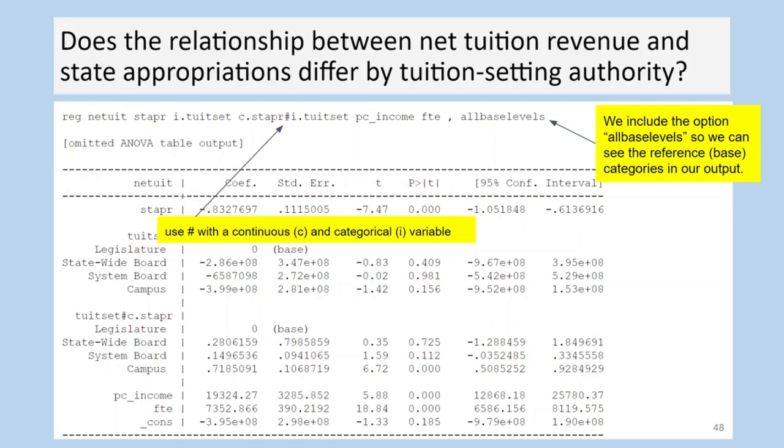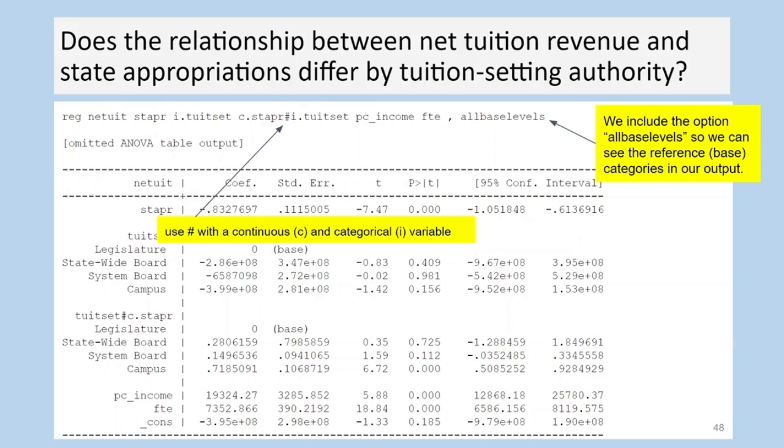For this example, where the tuition setting authority is the legislature, a statewide board, system board, or a campus, the base group is the legislature. So how we interpret this is we're looking at the statewide board compared to the legislature, the system board compared to the legislature, campus compared to the legislature.